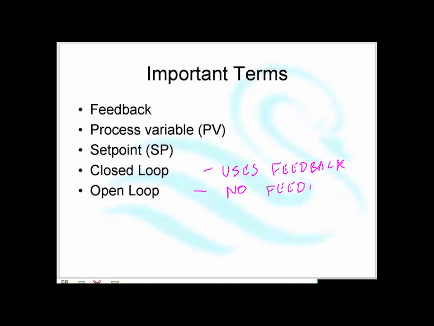Closed loop, we change something, then we check it, and then we change it again. Open loop, we change it and we hope for the best. And these are the terms we should have learned.